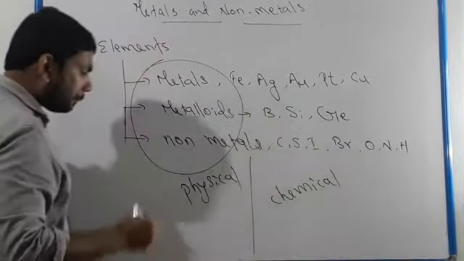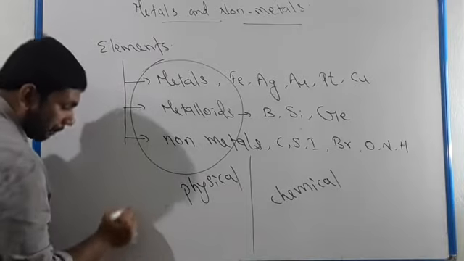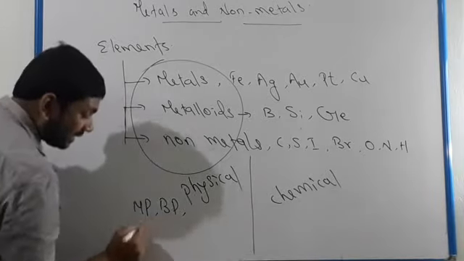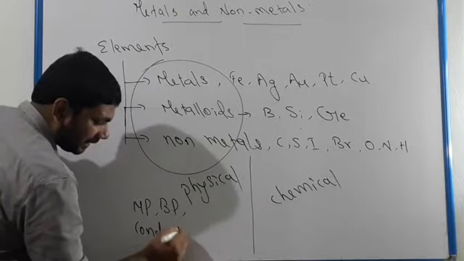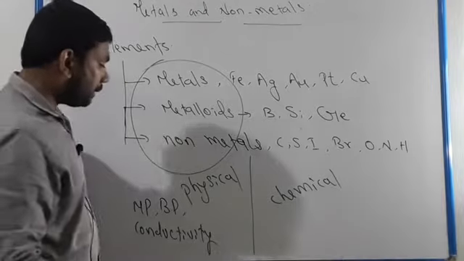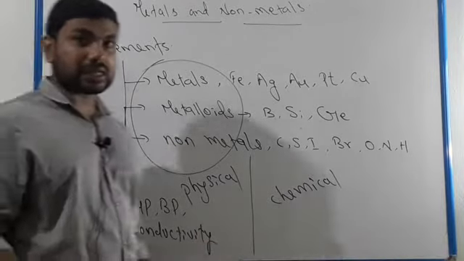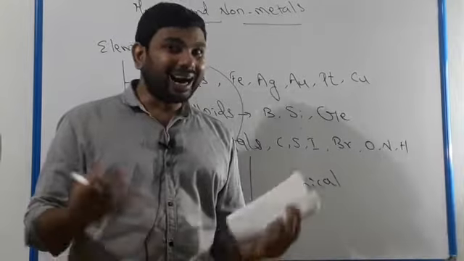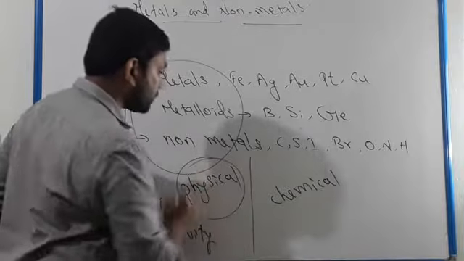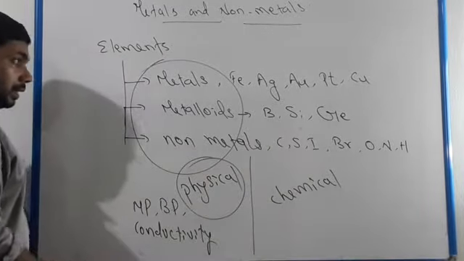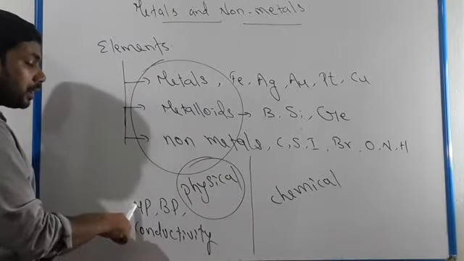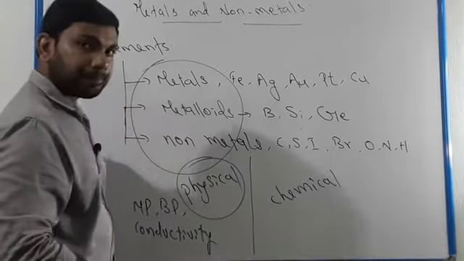Physical properties mean melting point, boiling point, conductivity, appearance of the elements, and hardness of the elements.